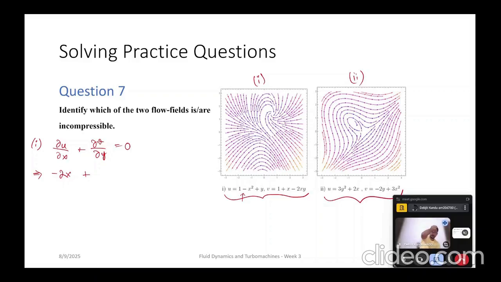So v is 1 plus x minus 2xy, and deriving it by y should give me minus 2x.